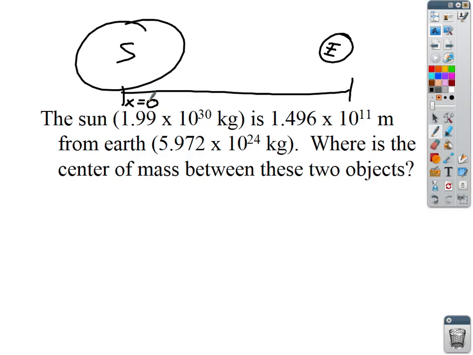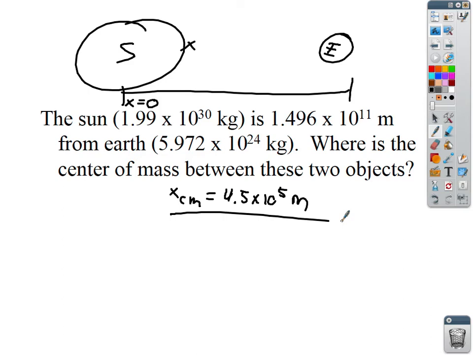If you set the earth at x equals 0, you'll get a much larger distance, basically on the other side of it. But we know the center of mass should be closer to the sun, since it's much more massive than the earth. So I set the sun at 0, and I have the center of mass being found at 4.5 times 10 to the 5th meters.